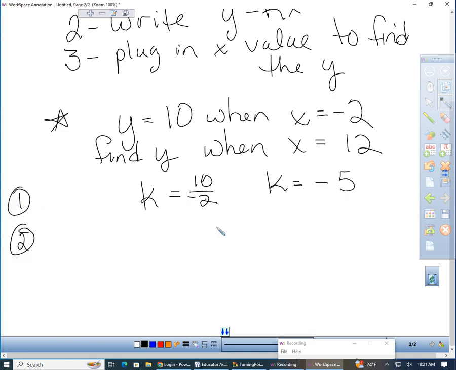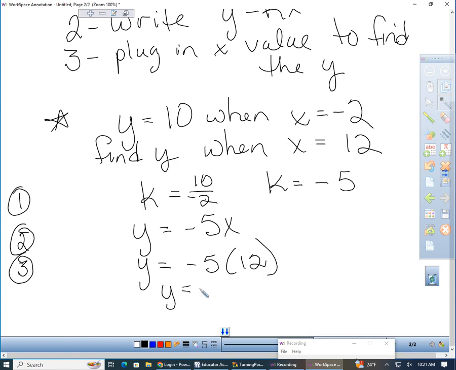Step 2 says we're going to write it as y equals kx. Step 3, we plug in 12 for our x and find y. So y equals negative 5 times 12, or y equals negative 60. Good.